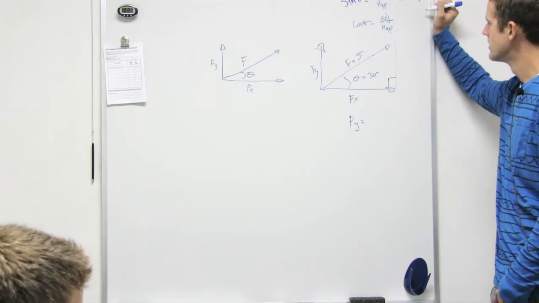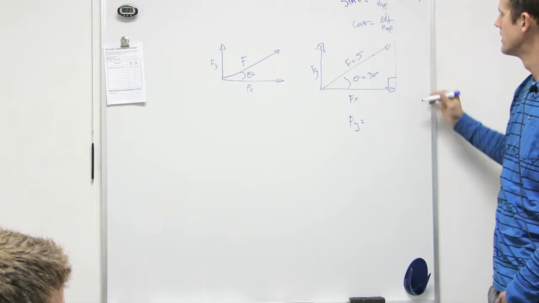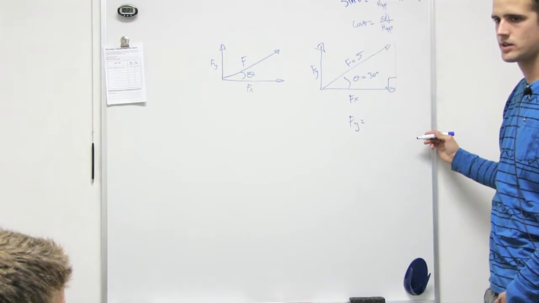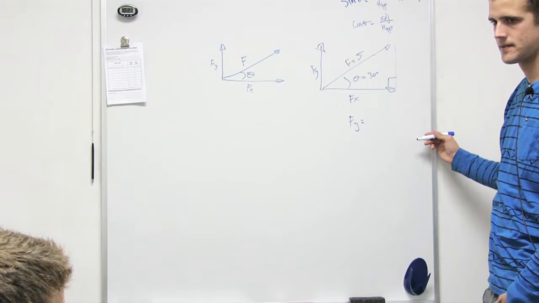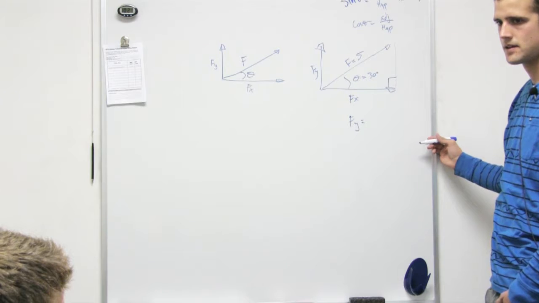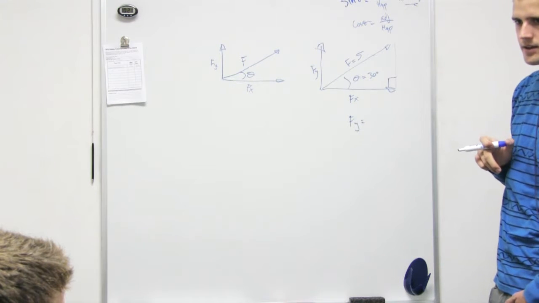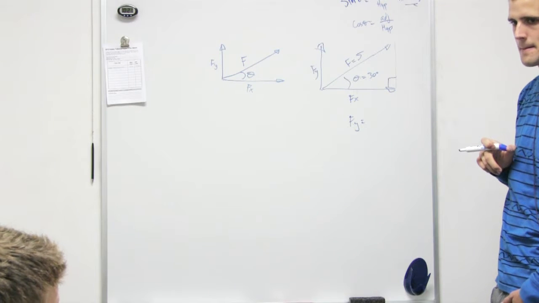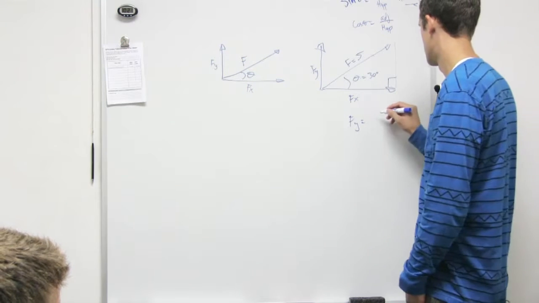So if we solve that for Fy, what would it be? You just solve that equation for Fy. So you do sine theta times 5 equals Fy.